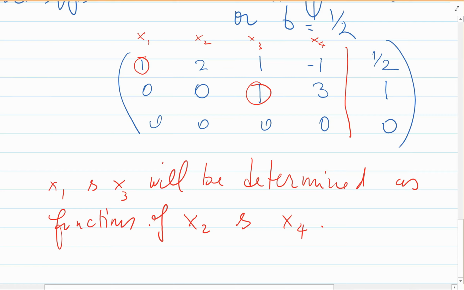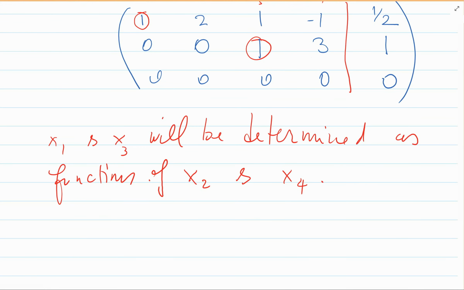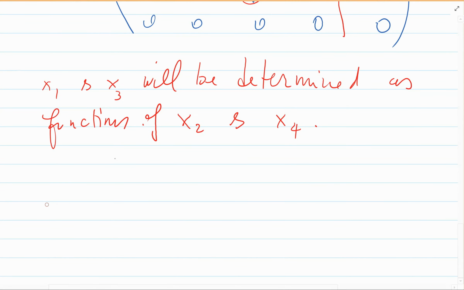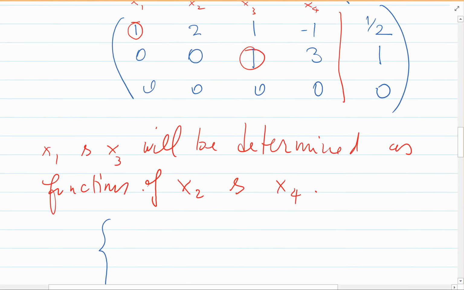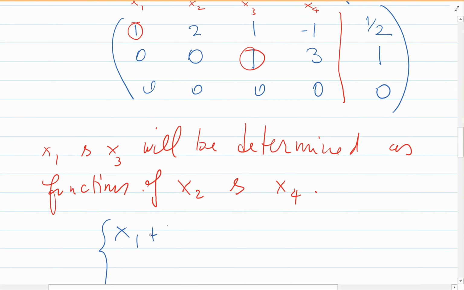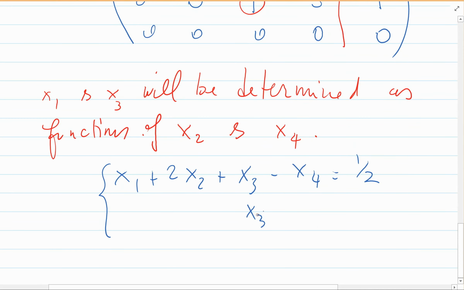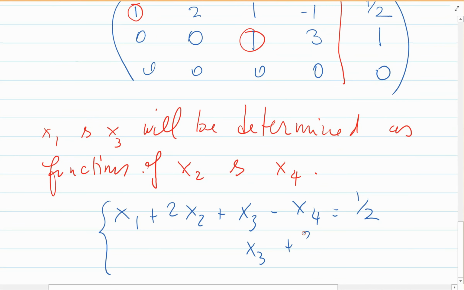So here, let's finish the job. I could have done the reduced row echelon form, but the system is very simple. So here, let me write the new equivalent system: x1 plus 2x2 plus x3 minus x4 equals 1/2, and x3 plus 3x4 equals 1.